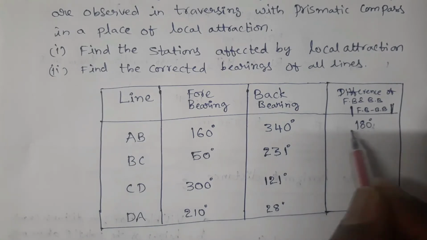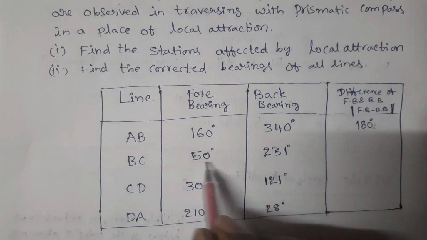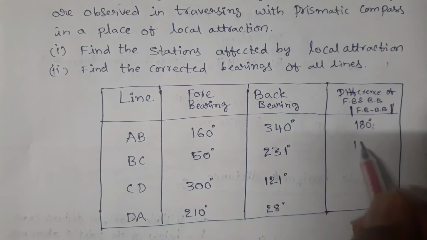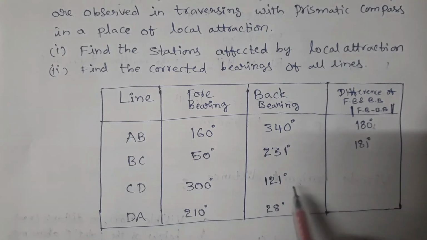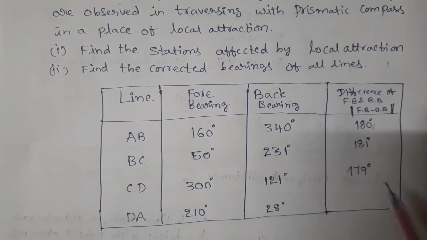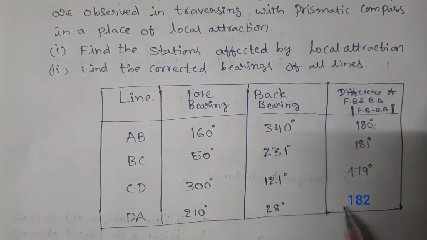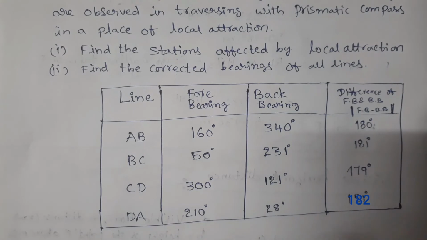You neglect the sign convention. 50 minus 231 is 181 degrees. 300 minus 121 is 179 degrees. 210 minus 28, 182 degrees.